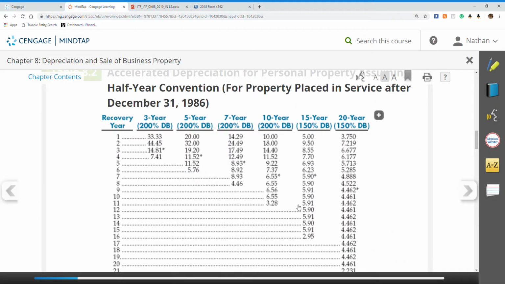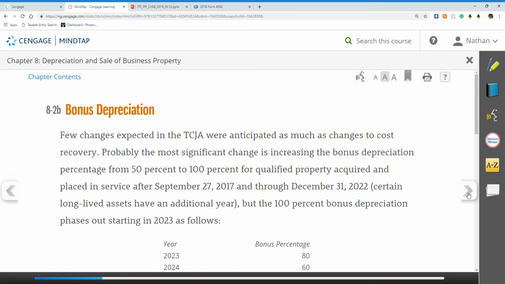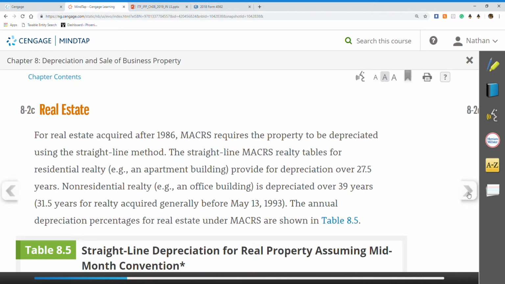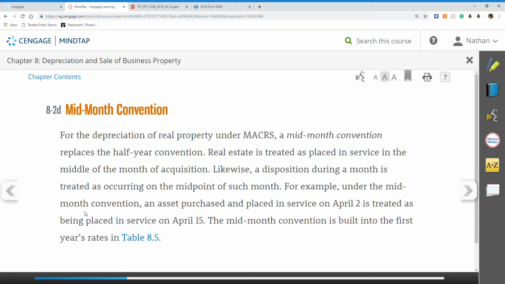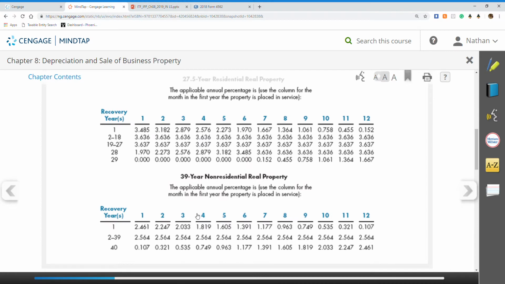And these rates can be found right here. So here's the 12 months. Whichever month it was purchased in, we go to that month, and then we go down the rates. Year 1, years 2 through 18, 19 through 27, and then 28, 29.